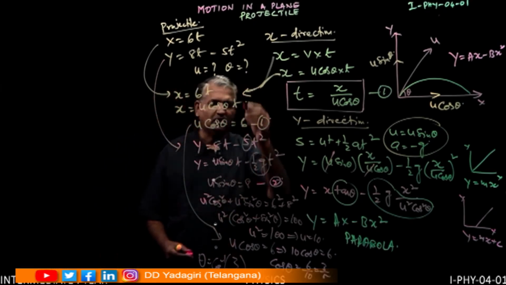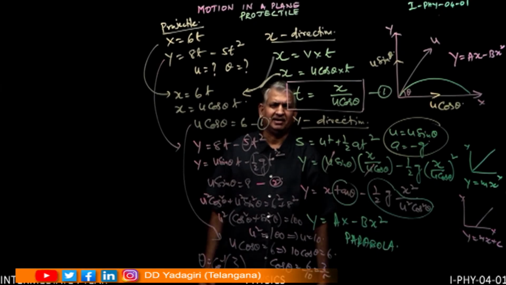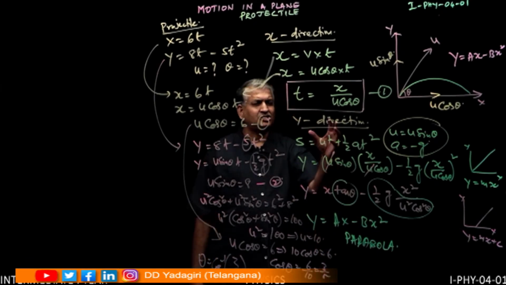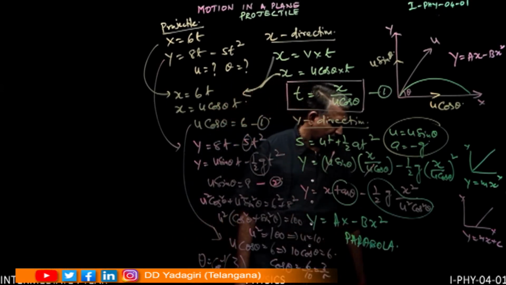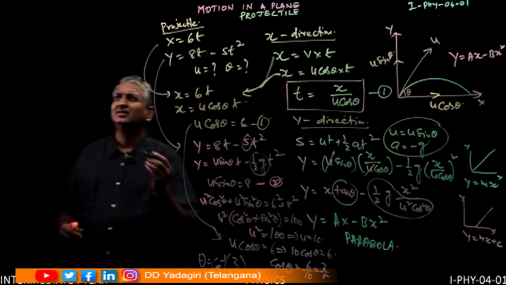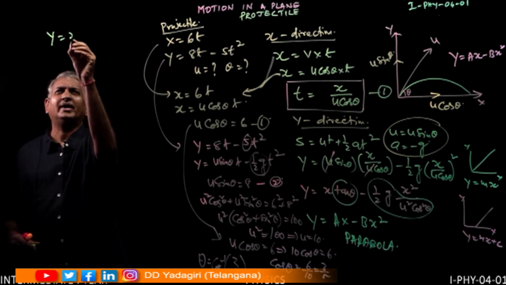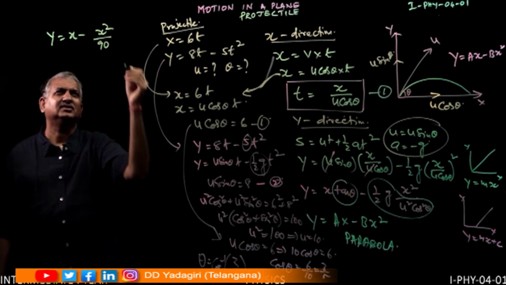So this is about this problem, how to solve it. This is one type of problem what we are having. Kabatti, ఈ సమీకరణాన్ని పోలుస్తూ ఉన్న ఒక ఈక్వేషన్ ఈ రకంగా రాసుకోవచ్చు. Now we take another example where y is equal to x minus x square by 90.